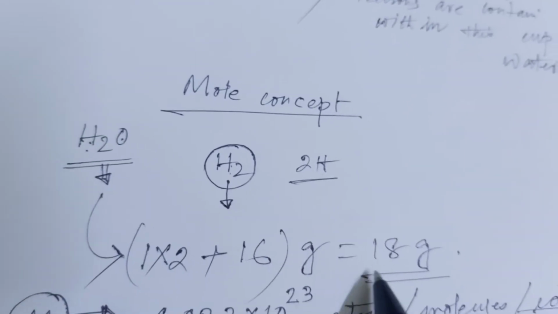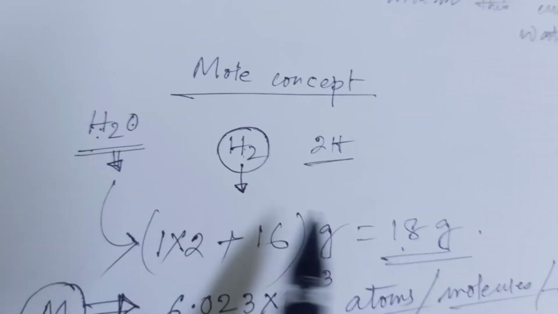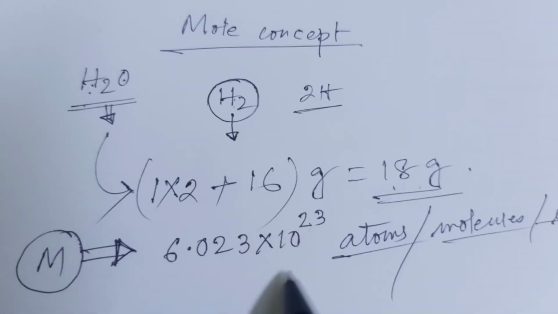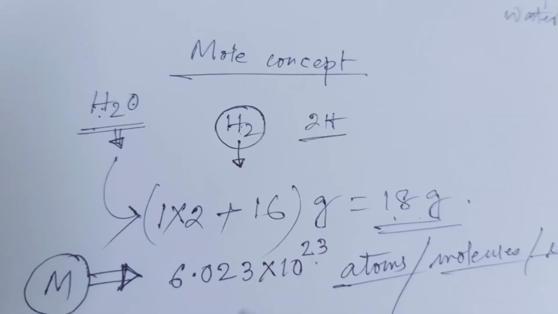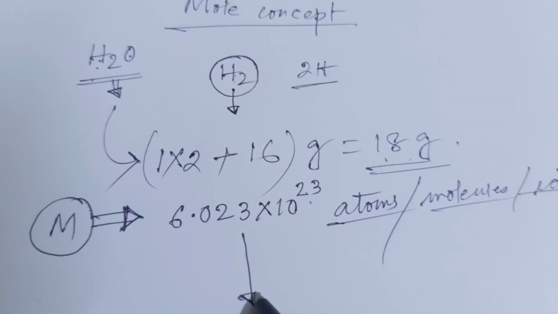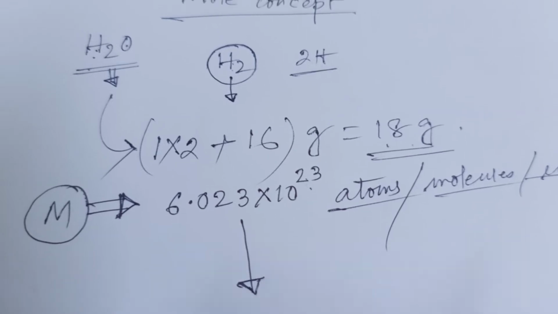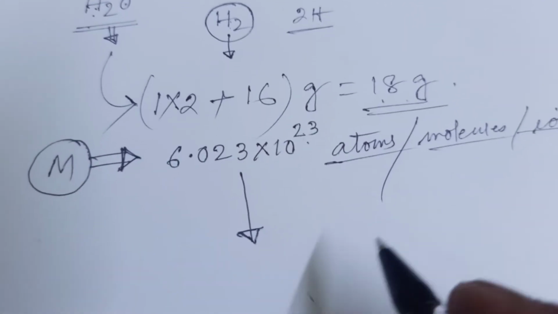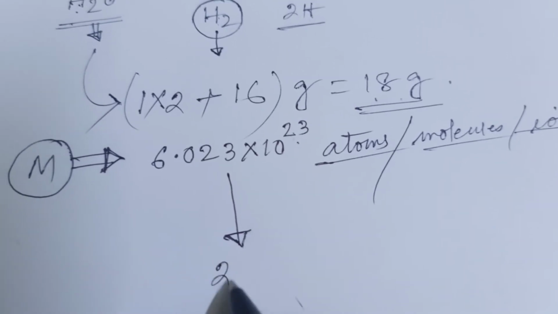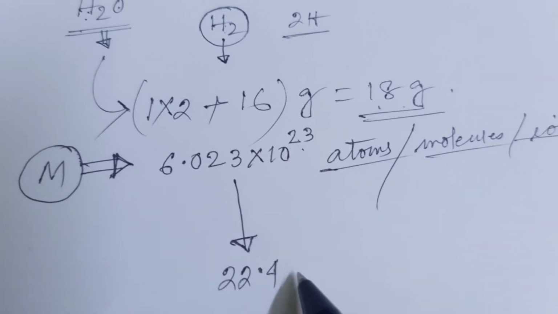So this is a molecule, so 18 gram contains this amount of molecules, and the volume of this one is 22.4 liter.